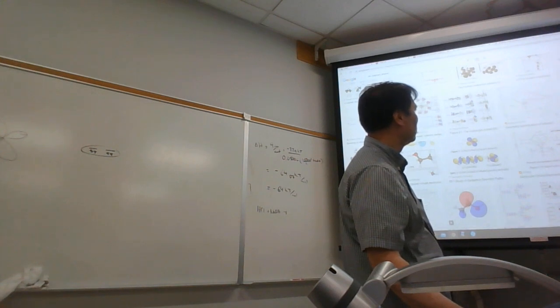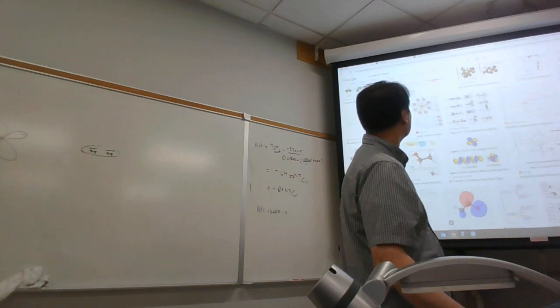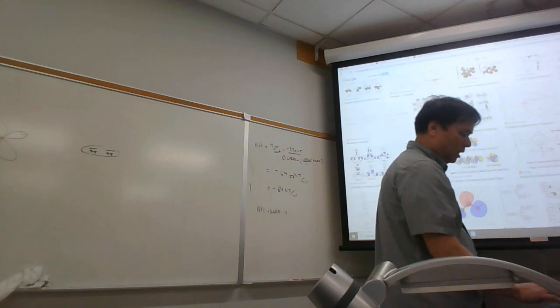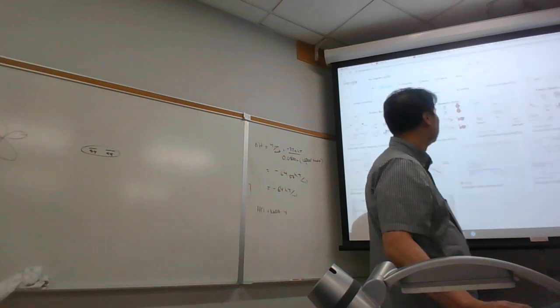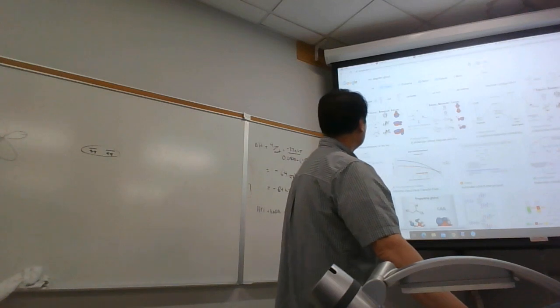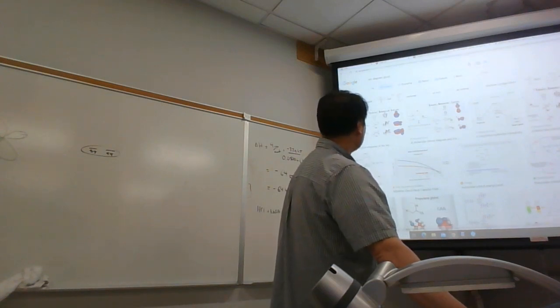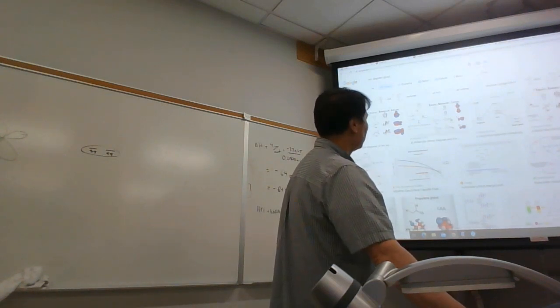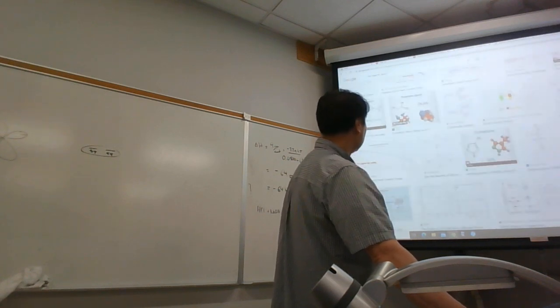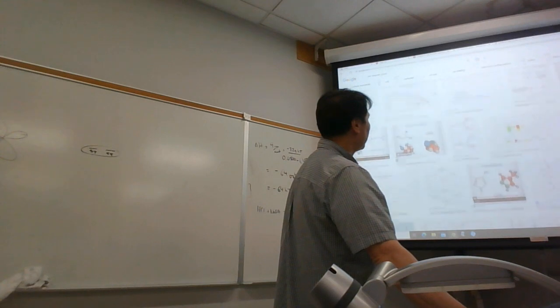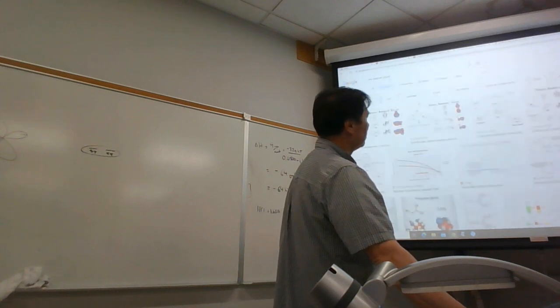May I request an MO diagram? For what? Glycol. Actually, we had the software that you could generate your own MO diagram, but they didn't want to purchase this again. So I don't know if I have the MO diagram for glycol. It doesn't look like I have it yet, but it's there.